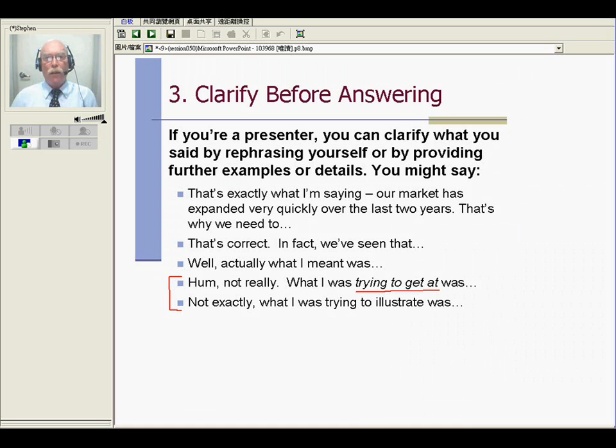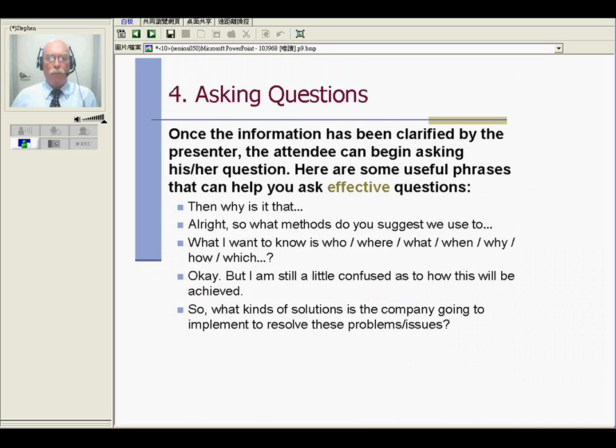Or another way to say trying to get at is trying to make a point. Okay, you want to make sure your point is made there. Okay, so we can use these when we haven't been understood and we have to clarify what we said before. Okay, good. All right.